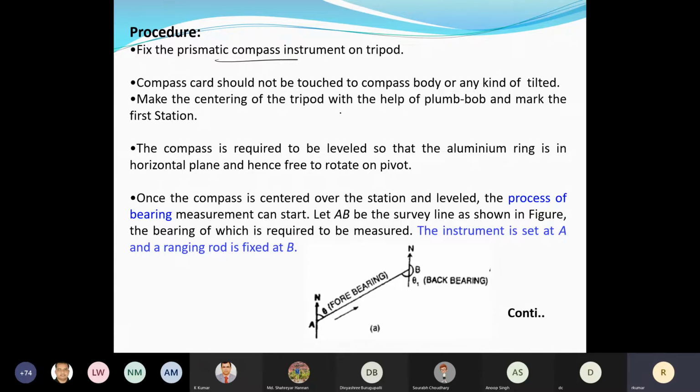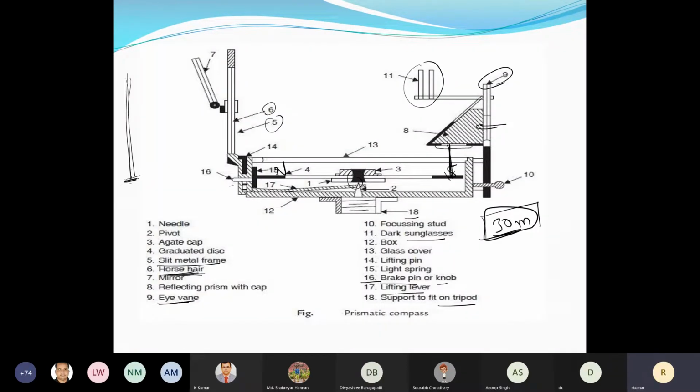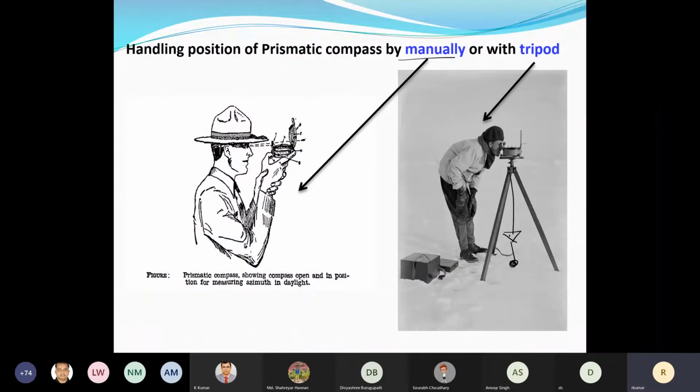Mark the centering of the tripod with the help of a plumb bob and mark the first station. Then the compass is to be leveled, so the aluminum ring is in a horizontal plane, free to rotate on the pivot. Once again, here is the pivot. There is a magnetic needle, so it is free to move. If it touches any side, or if you make it tilt, it will not be free to rotate.